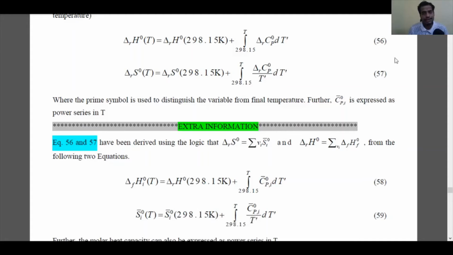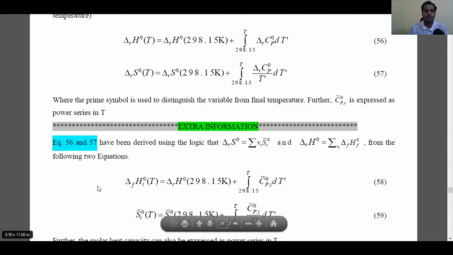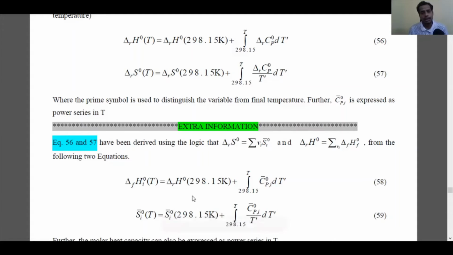Equation 56 is essentially obtained from equation 58, which says the enthalpy of formation at any temperature is given as the enthalpy at 298 Kelvin plus the integral of Cp dT.